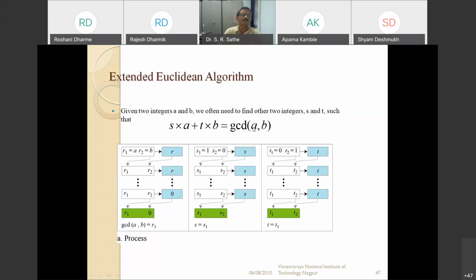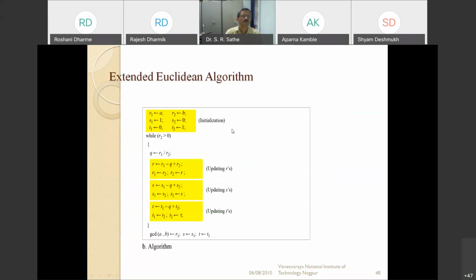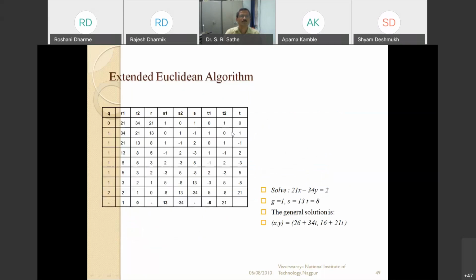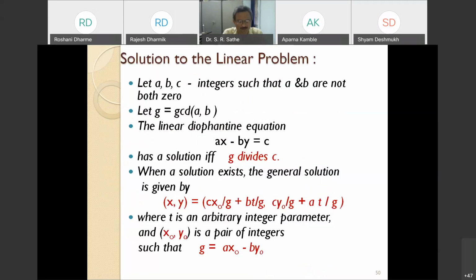If the right hand side is not a multiple of GCD, there is no solution. You can find this in any cryptography book, or in any discrete mathematics book. It is the extended Euclid's algorithm. I will skip it, because otherwise a lot of time will be consumed explaining that method itself.